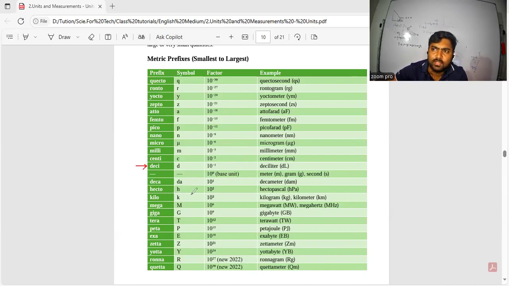We use deci only in some chemical calculations, where we have to convert decimeters to liters, or decimeters to cubic meters. Otherwise, we usually don't use this one. And there is no use of deca in our syllabus.